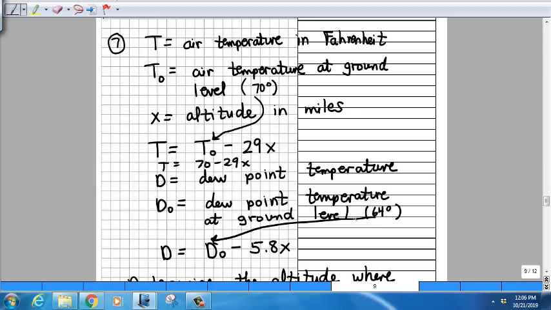Currently, it's 64. Well, notice, we could fill in 64 here for the d sub 0 for today.